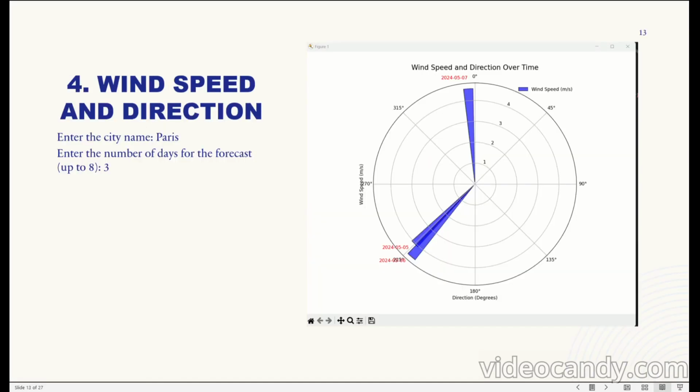Moving on to the fourth one, which is wind speed and direction. This is for the city of Paris for the next 3 days. As you can see, on 7th May, the prediction of the wind speed is around 4 miles per second, and the direction is around north.